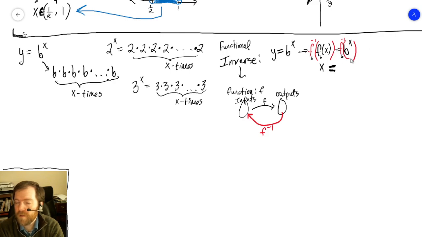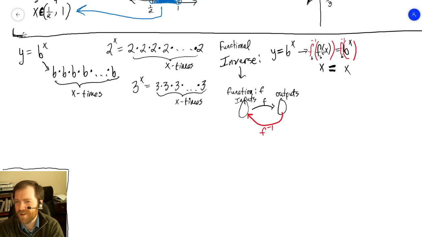So then here, what this is saying is that it's going to undo an exponential with base b. Unfortunately, I just put myself directly into a corner, because this is undoing the exponential with base b, which leaves me with an x. So x equals x. Okay. Hooray! Let me back up a little bit.